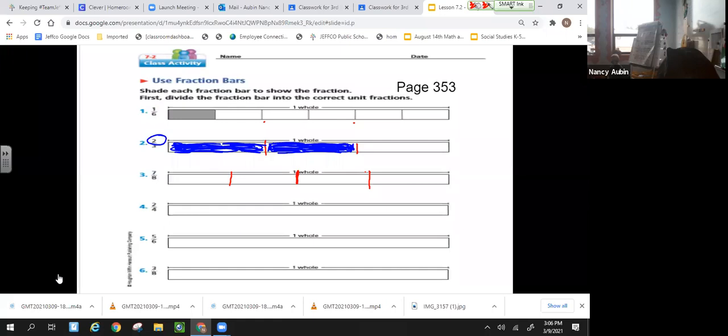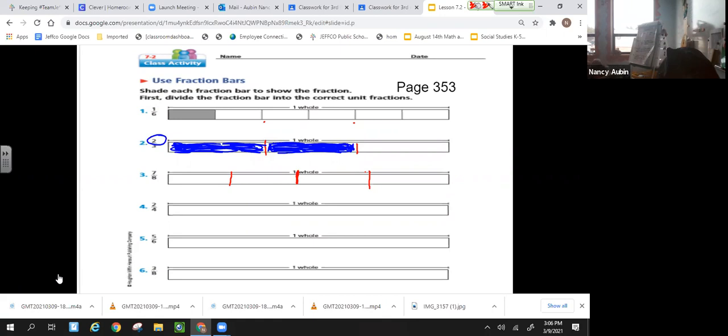Am I done? August, is that 8? That's 4ths, right? So how do I get 8ths out of my 4ths? How do I make this 8? Max Deeper. 4 times what is 8? 4 times 2 is 8.